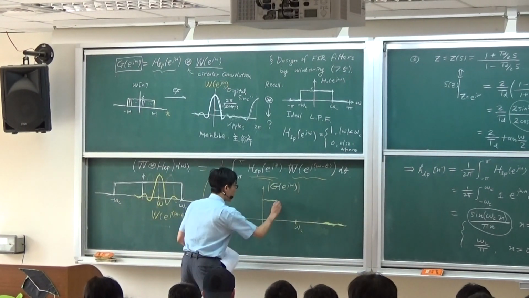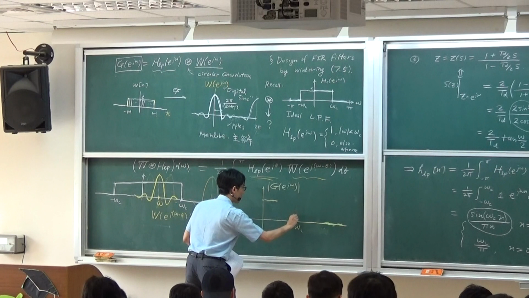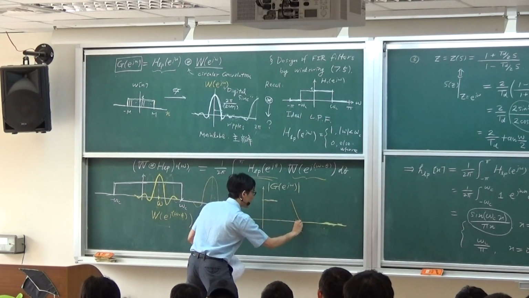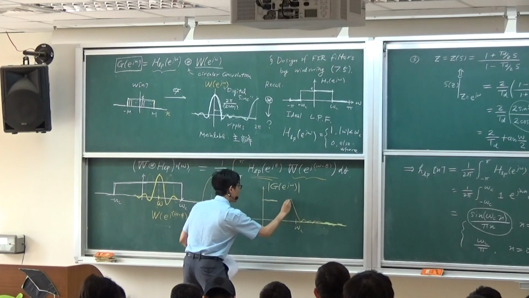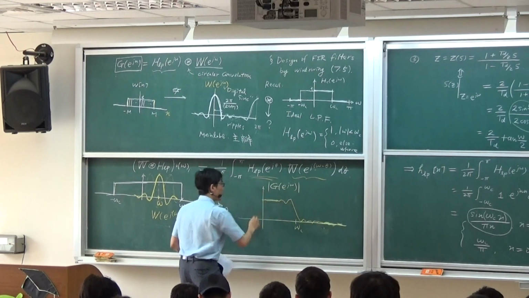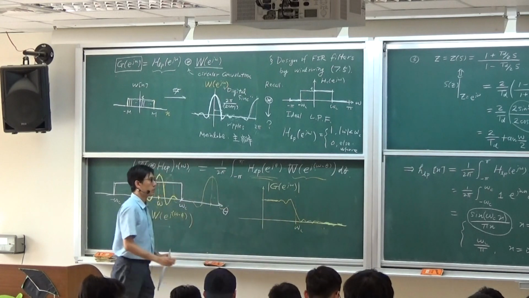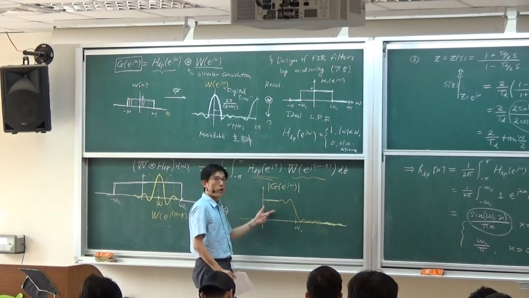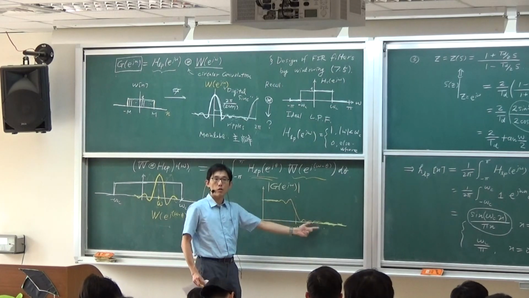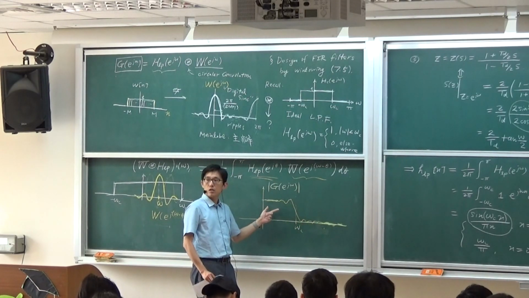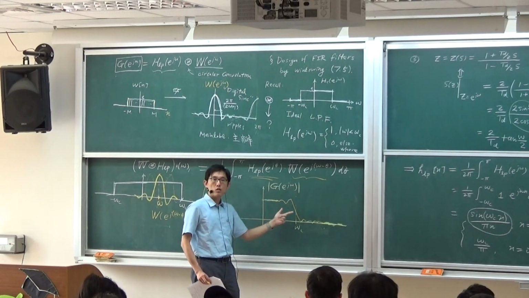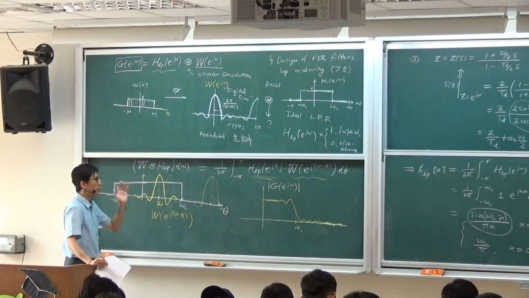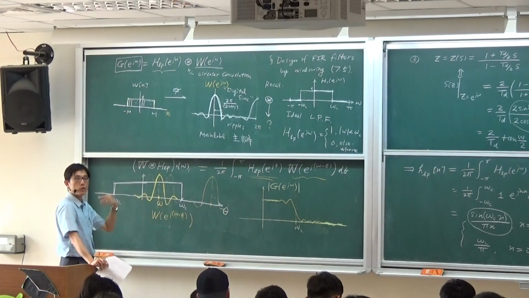You will see ripples near the cutoff frequency, and the response is going to make a transition from the pass band to the stop band. This is the property, the concept of convolution in the frequency domain.